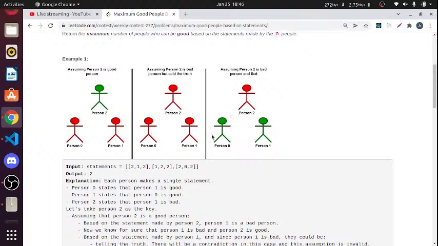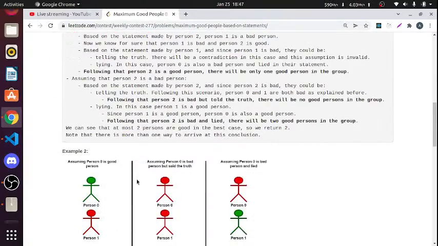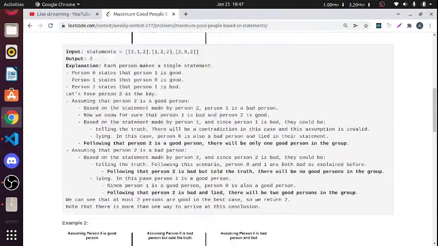So lying means that he will lie about both of them or either of them. The bad person might tell the truth. Okay, we have to go through that part.